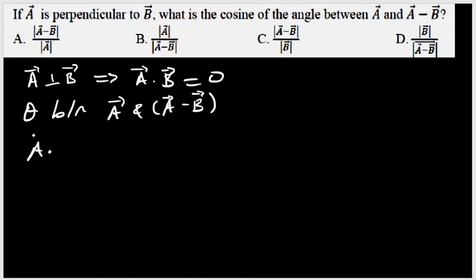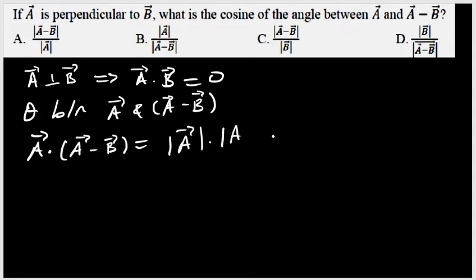The vector A dot A minus B is equal to magnitude of A times magnitude of A minus B times cosine of theta between them.